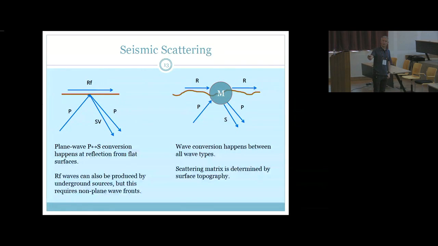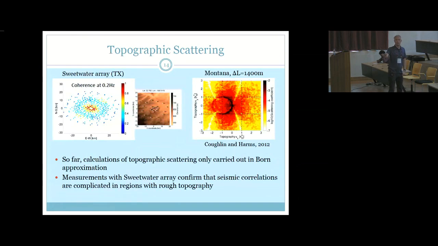But if you have a rough surface, then scattering gets very, very complicated, and you have coupling between all wave types. If you want to understand the seismic field to design a Newtonian noise cancellation system, that will be very difficult. We have done some studies of specific sites.